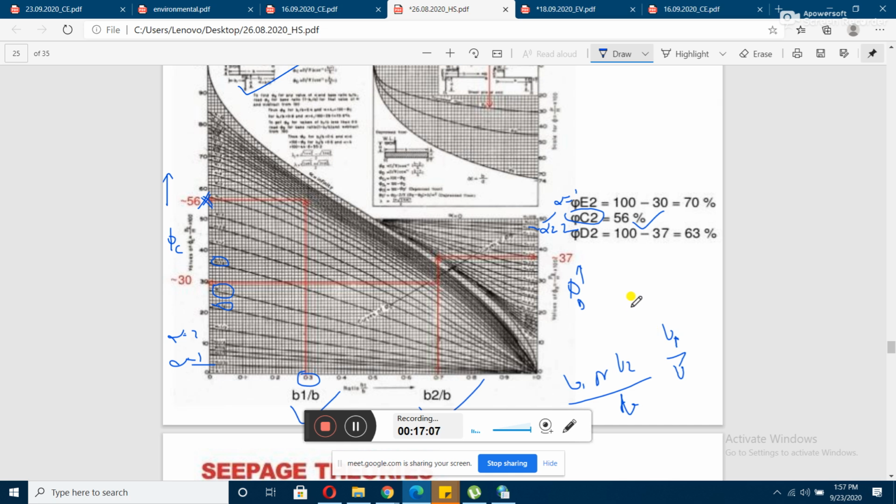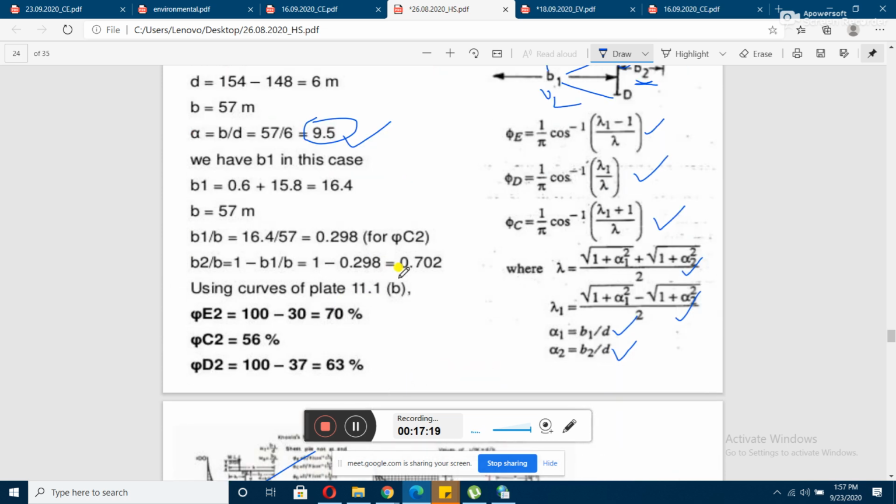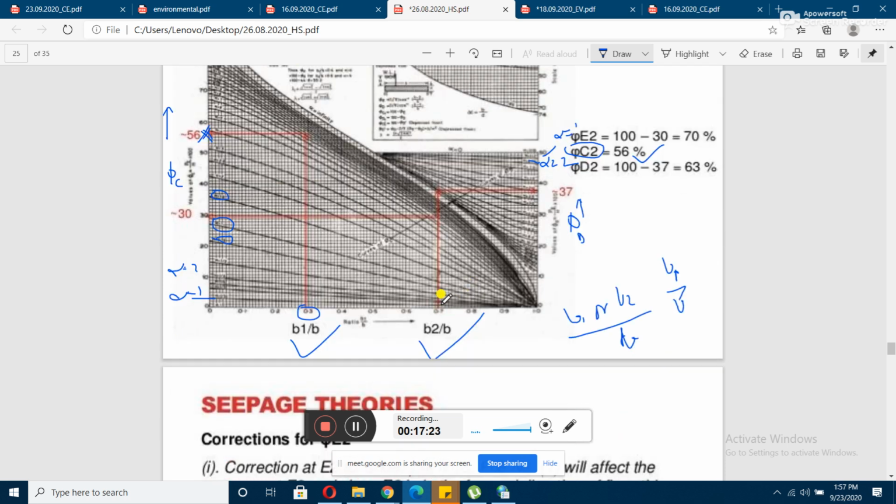So for that purpose, we will locate the point B. Similarly we will be locating the point B2 by B on this axis. It turns out to be 0.7. You can see that it has been calculated to be 0.702, so roundabout it is 0.7. From that we have to locate the point, and it will be dealt with on this particular curve for your phi d value.